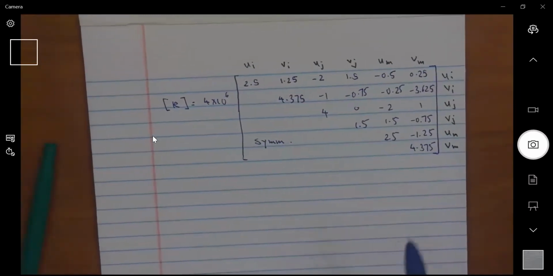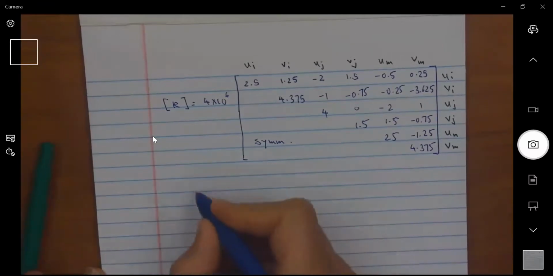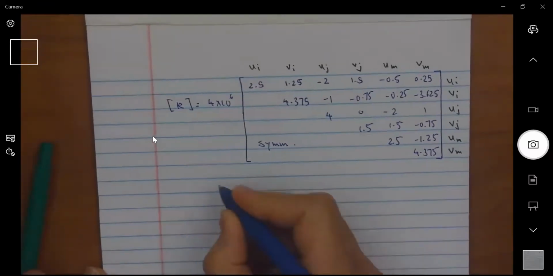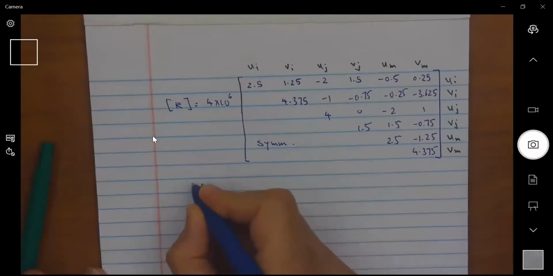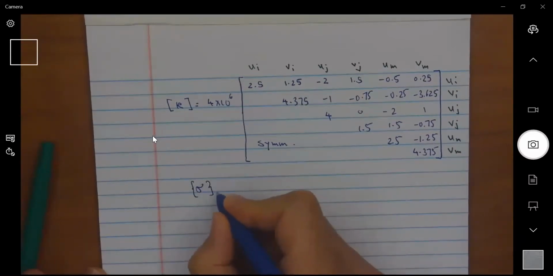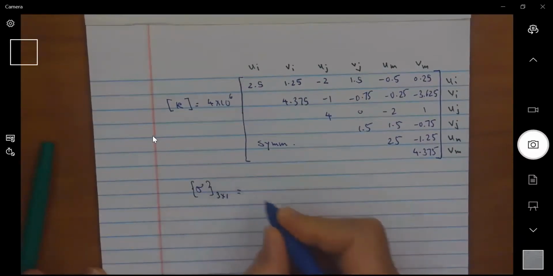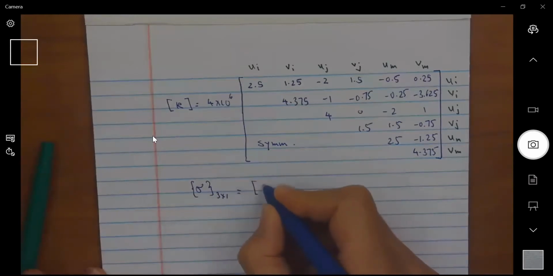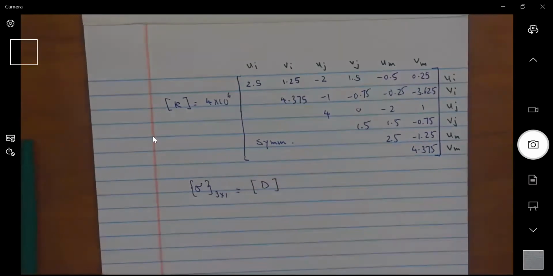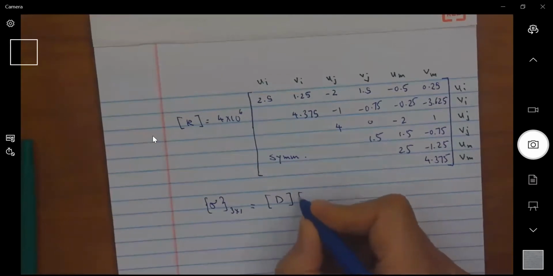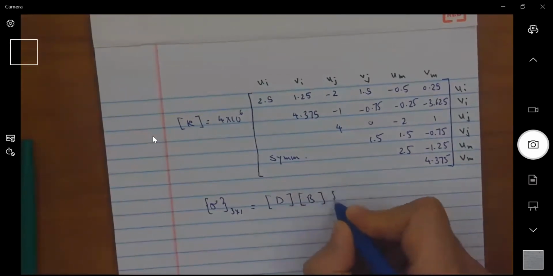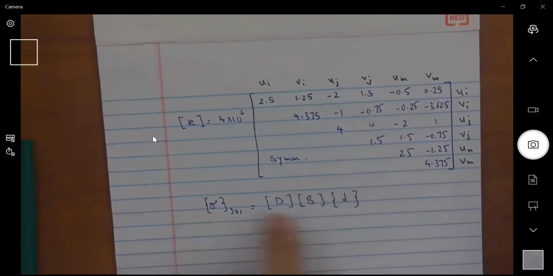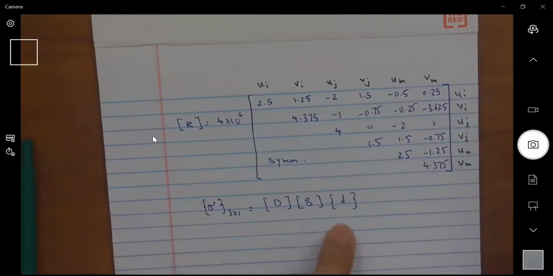So next, we want to evaluate the stress. The stress sigma, which is a 3 by 1, may be evaluated using D times B times d. So I can evaluate the stress using the nodal displacements.